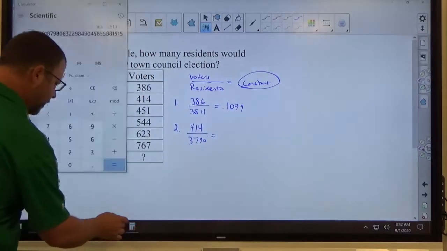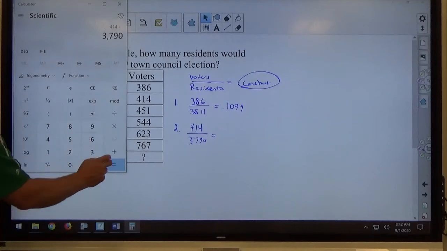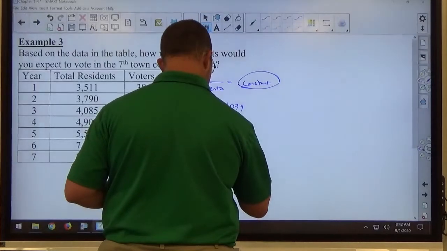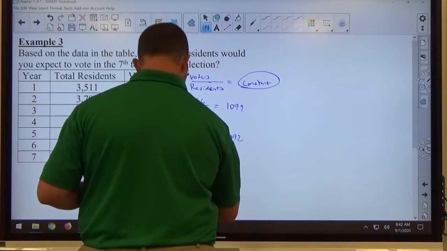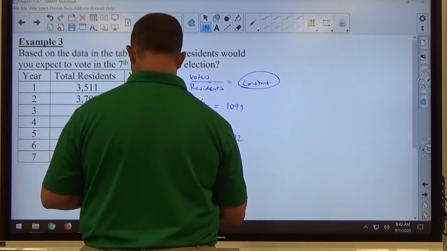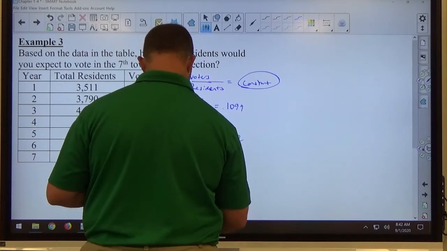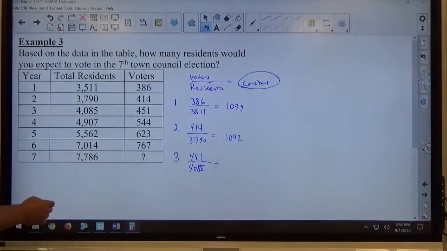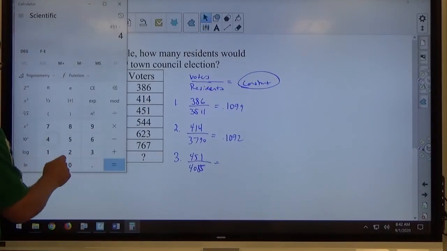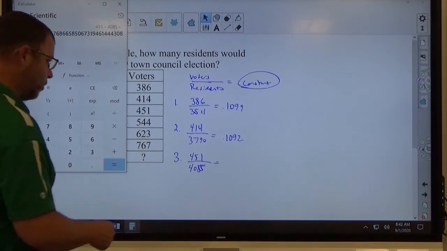I type in that ratio, 414 divided by 3790 equals, comes out to 0.1092. Year three, we have 451 voters out of 4,085 residents. Divided by 4085 comes out to 0.1104.